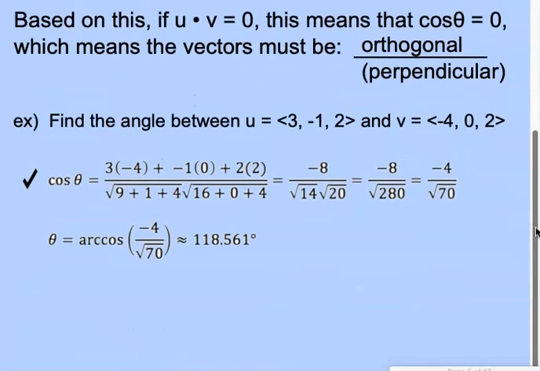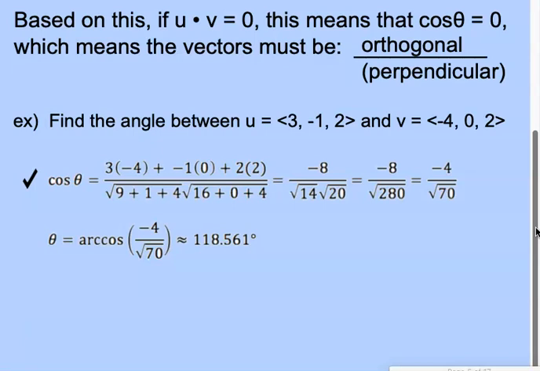So the cosine of the angle, there's the dot product on top, 3 times negative 4 plus negative 1 times 0 plus 2 times 2, over magnitude of U, magnitude of V. So you end up with negative 8 over root 14 root 20, or simplified negative 4 over root 70, which is still not totally simplified, but that's all right. Is that the angle?